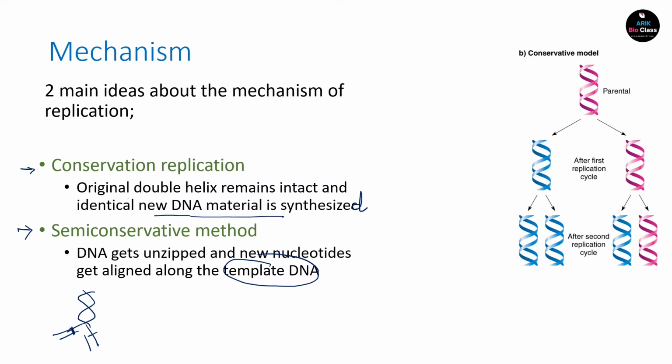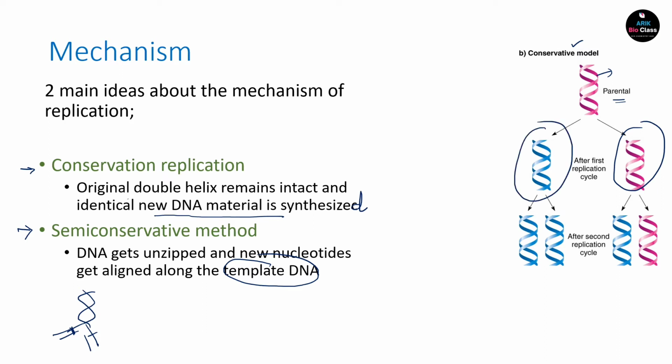As this diagram shows, in the conservative method, the parental DNA is shown with this pink color. Let's see further what happens. This remains intact, and with some process, it forms its copy.